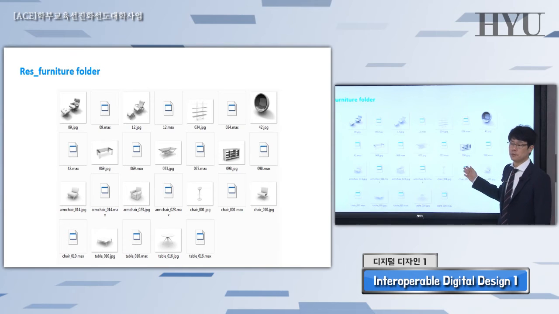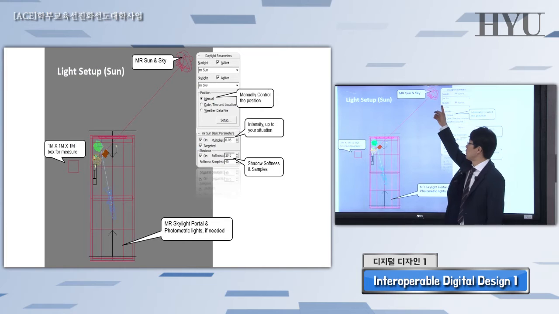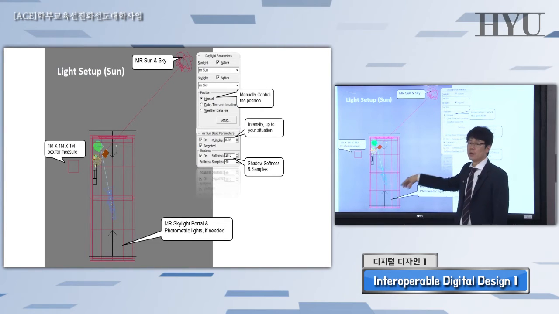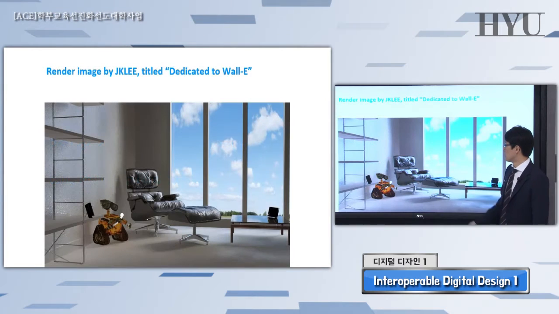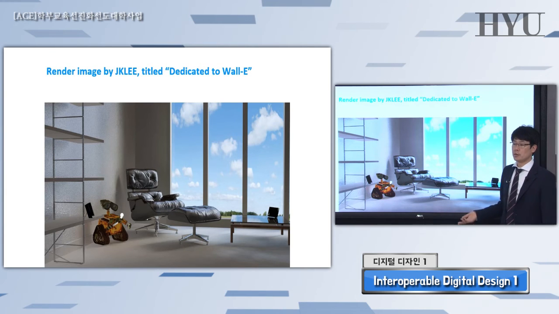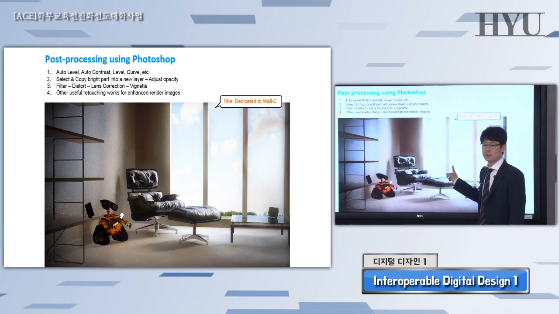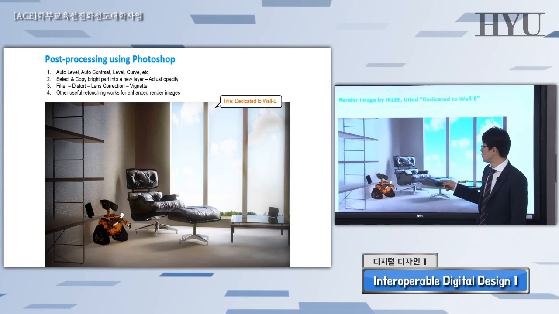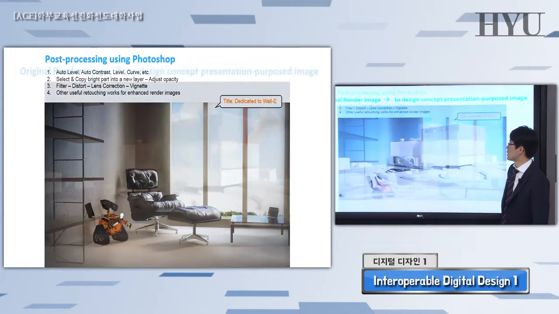We're going to use this one for today's lab exercise. And installing light, camera, adjusting material, and so on, so that you can render something like this, okay? You have to render something like this image today, and we're going to deal with post-processing to update something like this image from this one, okay, by using Photoshop. That's one part of today's lab exercise.